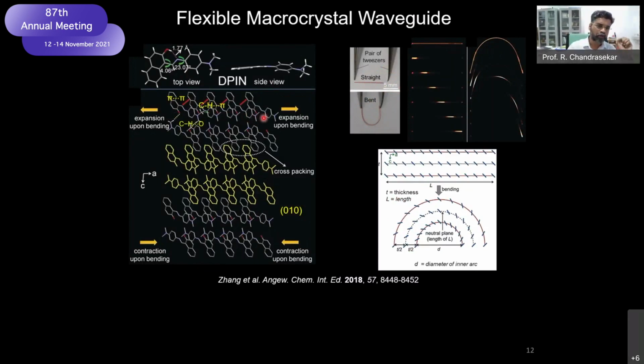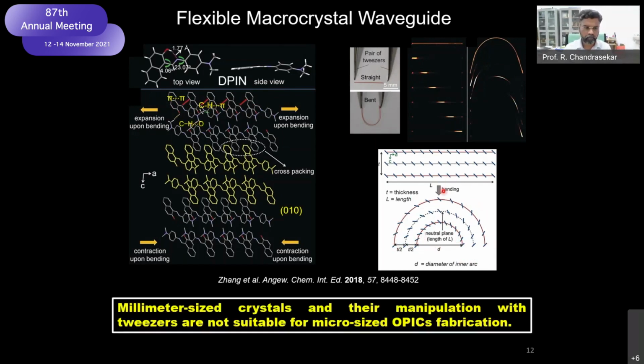If you look at the molecular picture, you have various interactions like pi-pi, CH-pi and hydrogen bonding interactions. Consider the pi-pi interaction a kind of spring. When you try to bend a crystal, the molecules compress in the concave portion and the pi-pi stacking distance increases in the convex part. And this is quite reversible.